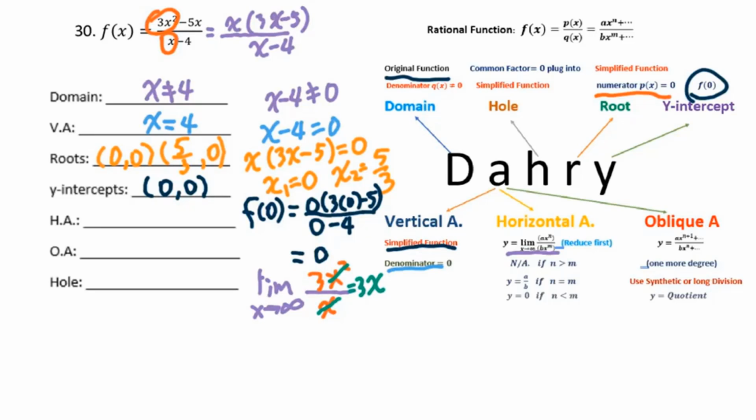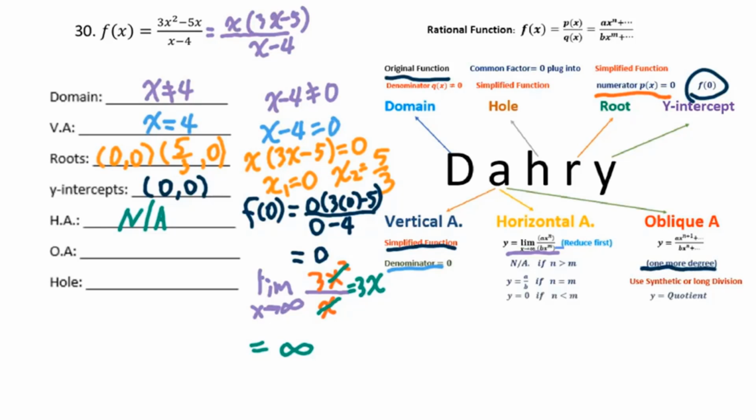Then you plug infinity into this x. Then you get infinity, means not available. For oblique asymptote line, we need the keyword one more degree. This is a 2, here is a 1. Therefore, there is an oblique asymptote for this rational function.